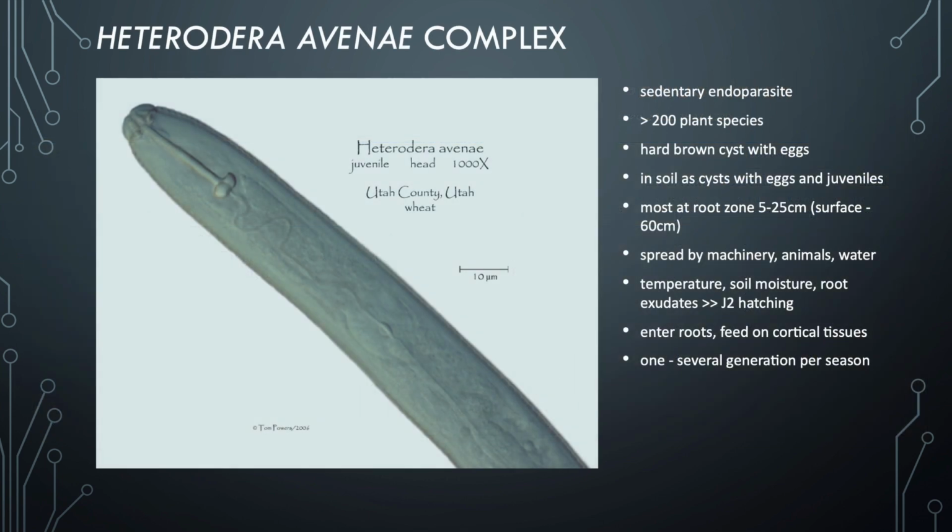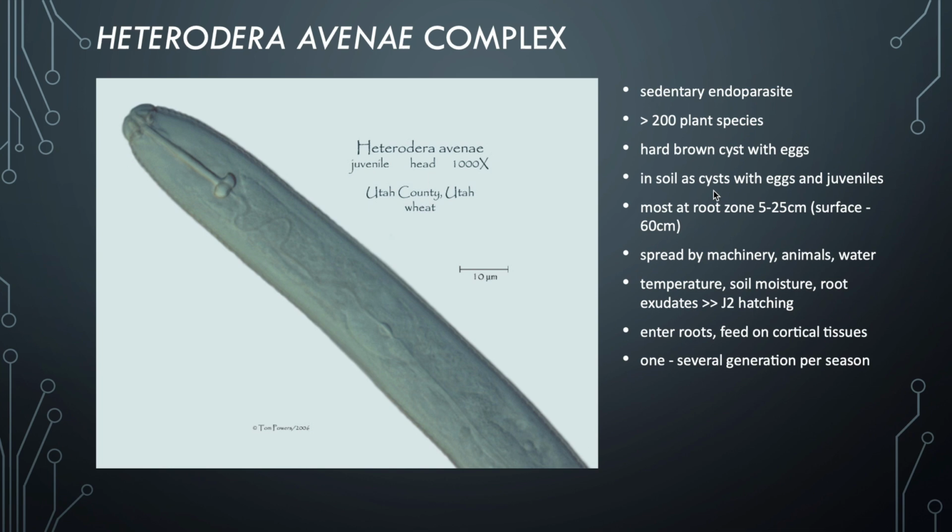All of the nematodes that belong to the Heterodera avenae complex are sedentary endoparasites of over 200 plant species. It is the females that are sedentary, even though the males also have a sedentary part of their life cycle. The males are motile and can move, but the females have a life cycle within only the one plant, and they form these hard brown cysts with eggs.